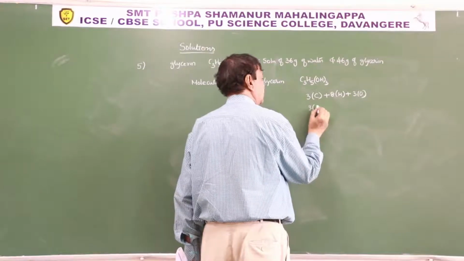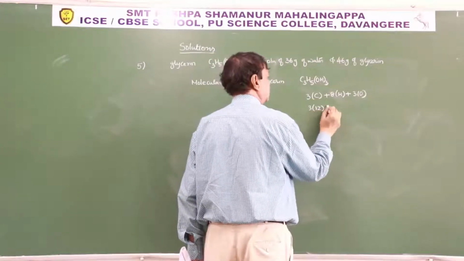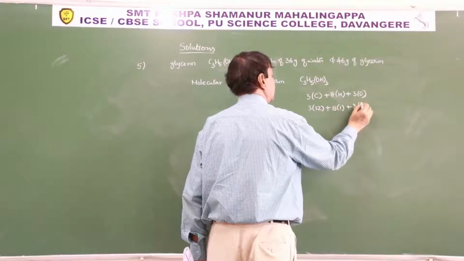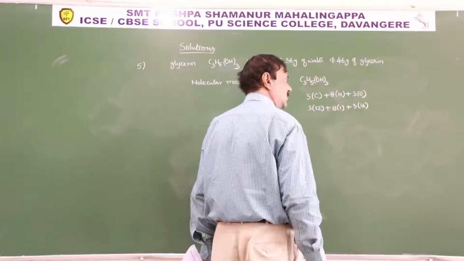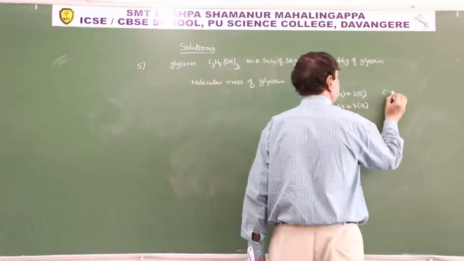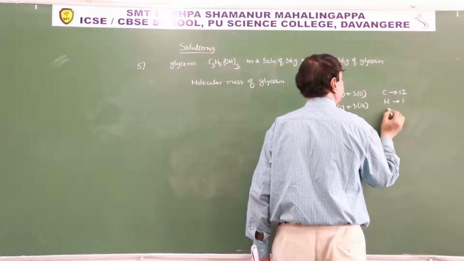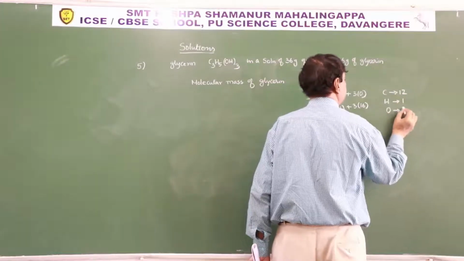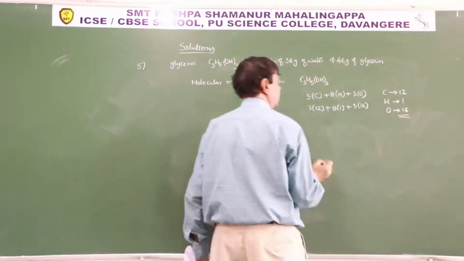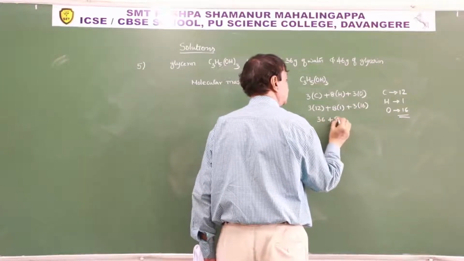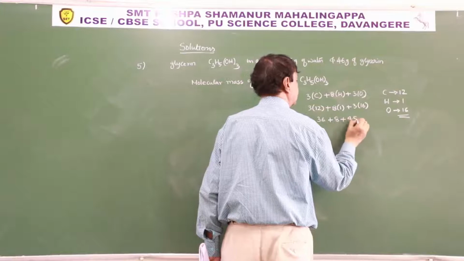That is 3 into 12 plus 8 into 1 plus 3 into 16. You know that carbon atomic mass is 12, hydrogen 1 and oxygen 16. That is 36 plus 8 plus 48.